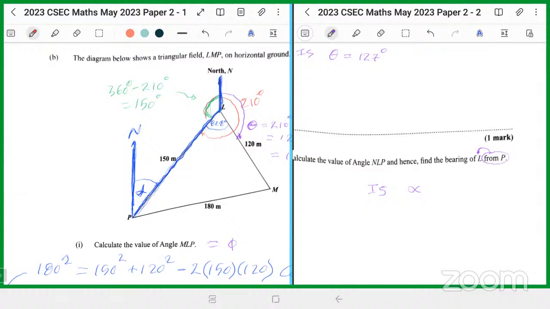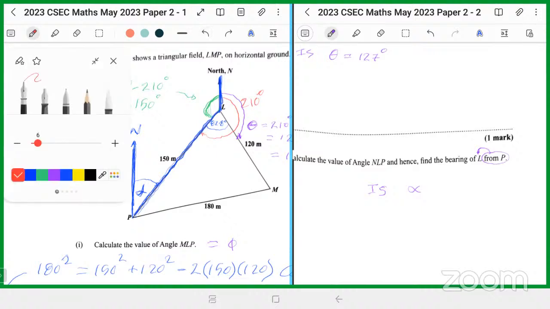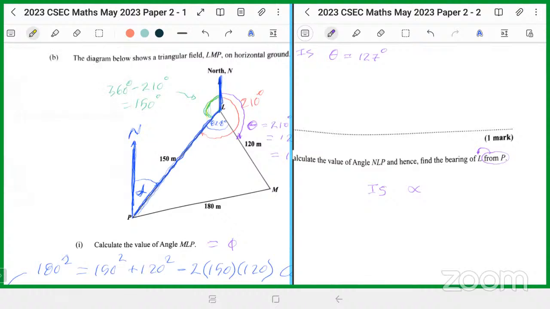So these two angles that I'm marking out in yellow, the one that we just found, which is 150, and the one that we want, which is the alpha, both of them are supplementary. They add up to 180 degrees. They are the co-interior angles because they are angles between these two parallel lines joined by this transversal line, or that line joining both of them. So we form the co-interior angles, or we call them the U angles.